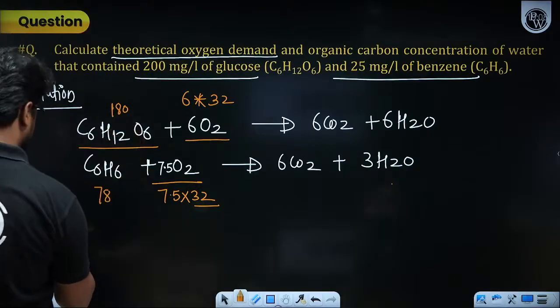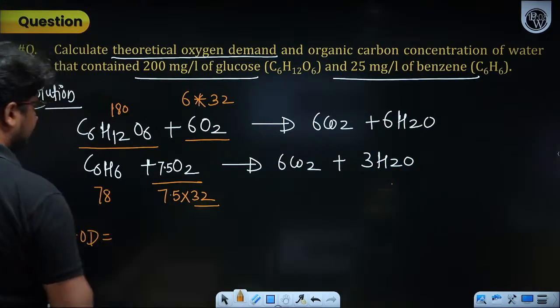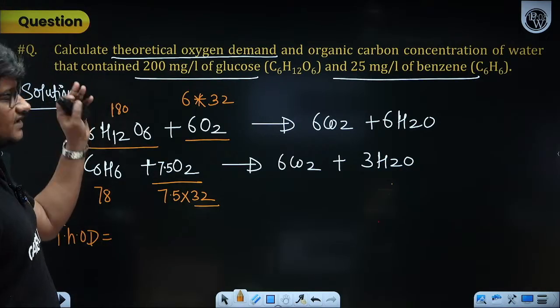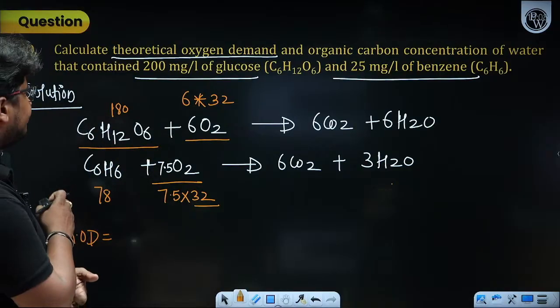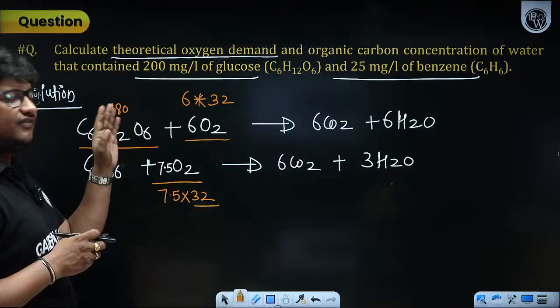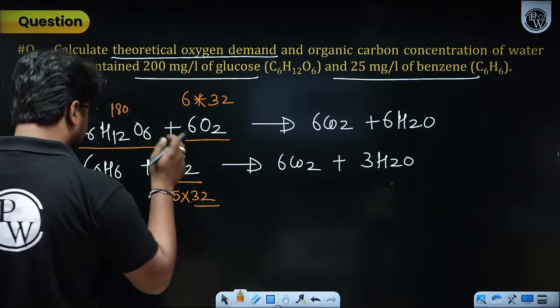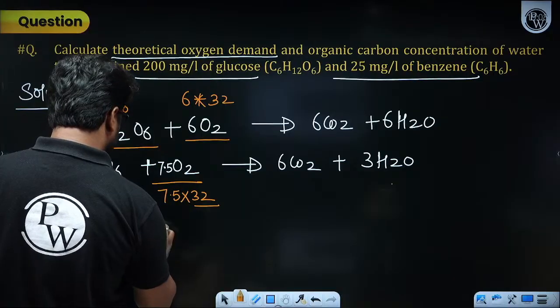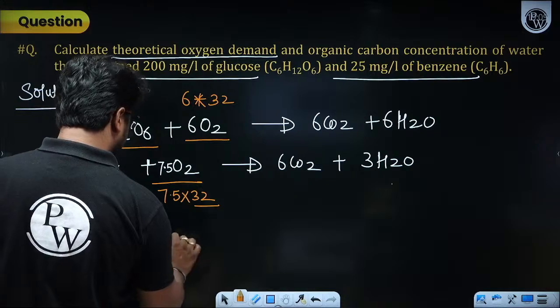Now first, if you want to find out the theoretical oxygen demand by the glucose, how will you calculate it? 180 gram of glucose requires 6 into 32 gram of oxygen. So for 1 unit of glucose, how much oxygen is required? 6 into 32 divided by 180.